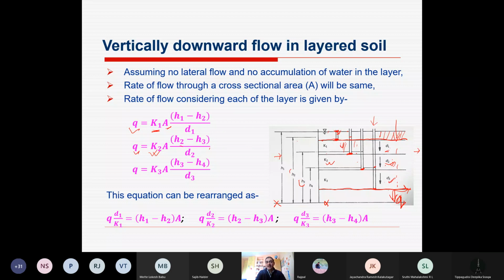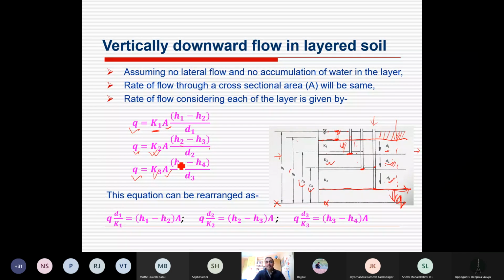In the same sense, for the third layer, the discharge Q that we have measured at the bottom, hydraulic conductivity K3, same area A, and head difference at the top and bottom of this layer. The top is the bottom of the second layer, so that makes H3, and the bottom of the third layer has H4. So H3 minus H4.